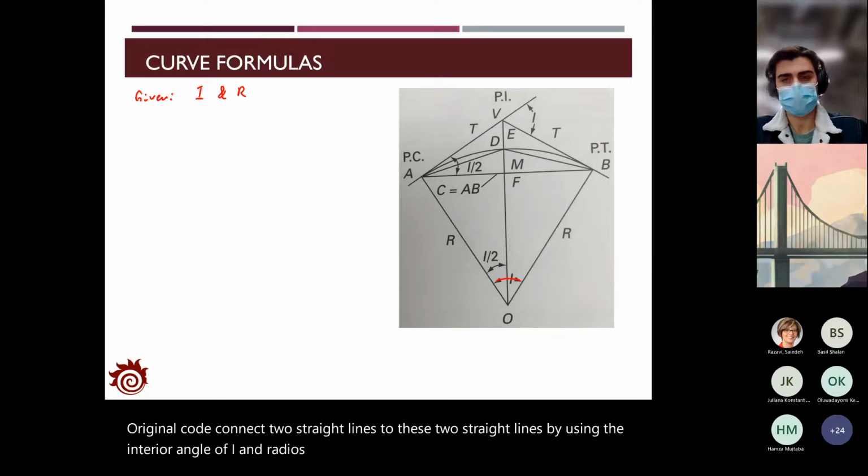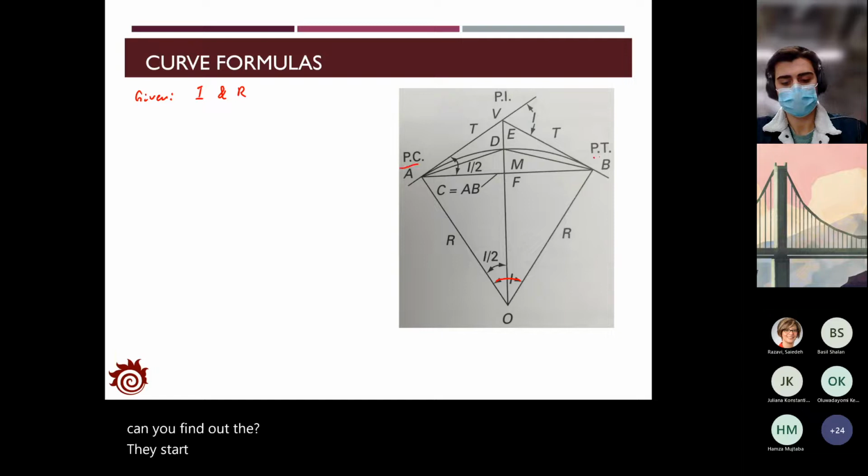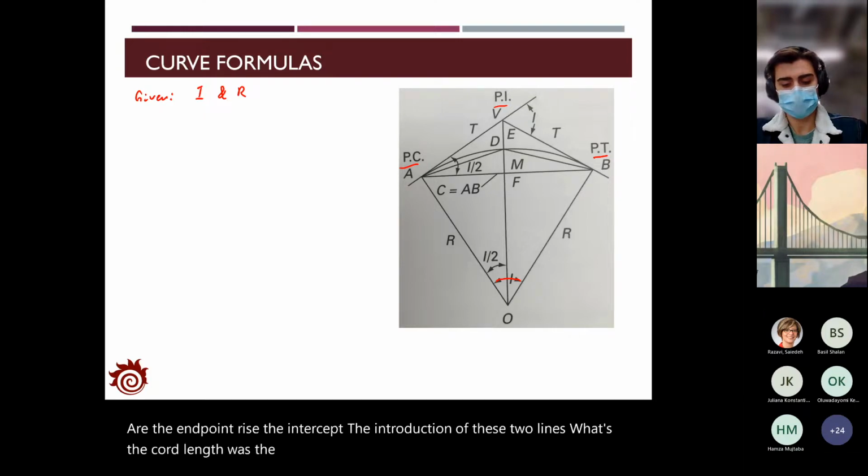How are you going to lay out the curve? Where can you find the start point, the end point, where is the intersection of these two lines, what's the chord length, what's the arc length, and so on.